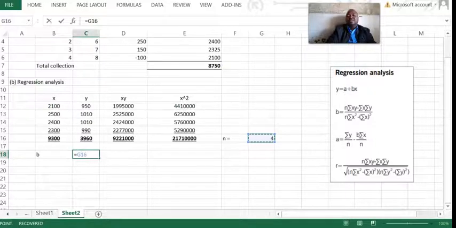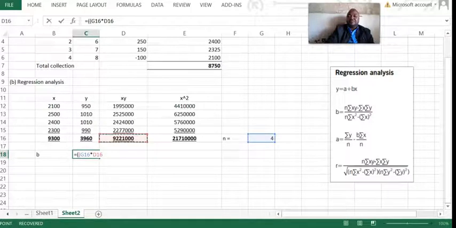But you can see that the formula is a bit complex, so we just have to use some brackets so that our formula is not going to be a challenge. So let us try to have at least open 2 brackets there. Then that's G16 multiplied by the summation of xy. Summation of xy is this one.